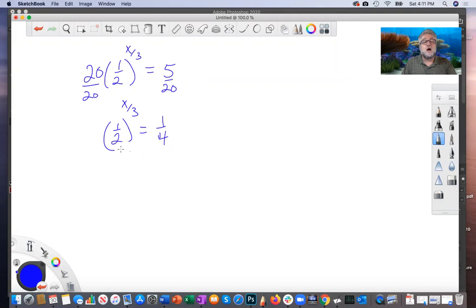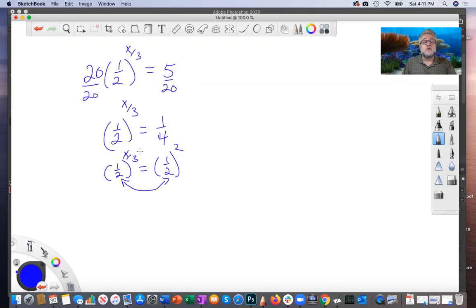And now, aha, I want to get a base of 1/2. Can I write 1/4 as a base of 1/2 to some exponent? And you know what the answer is? The answer is yes, Mark, you can do that. So I could write this as 1/2 squared, right? 1/2 times 1/2 is 1/4. And oh, look, the bases are equal.